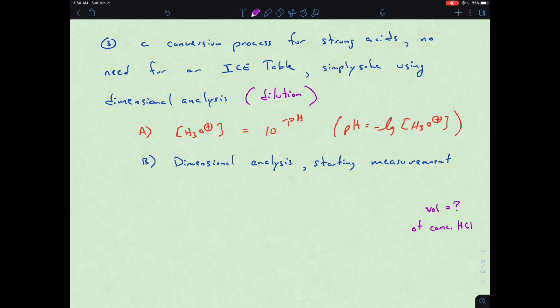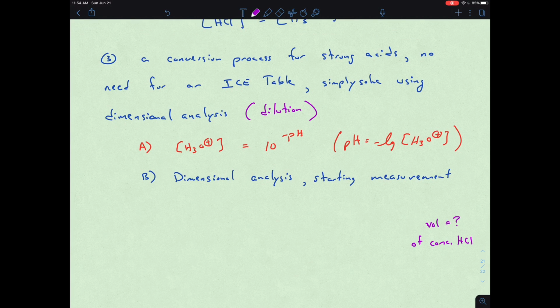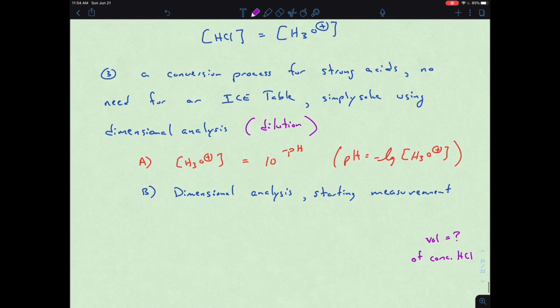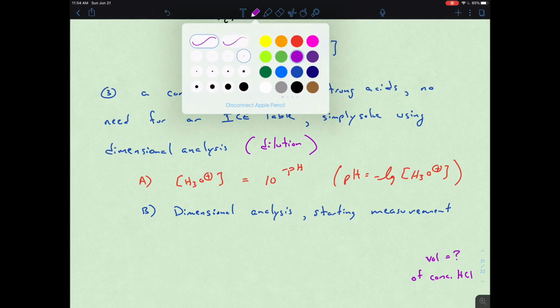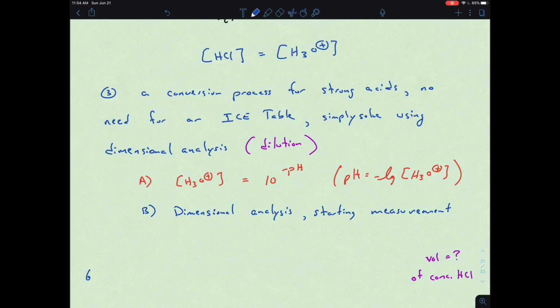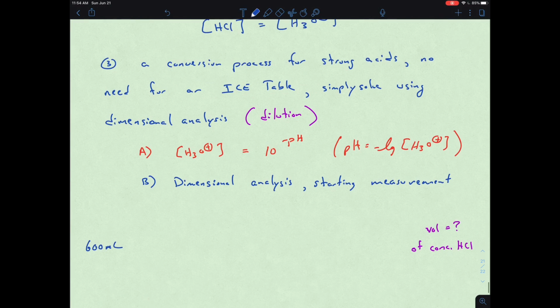That's what we're actually looking for. And we could get to that volume via the conversions that we actually have. So if we start with our measurement, again, that's always the best place to start, we have 600 milliliters of the solution with a pH equal to 1.8.